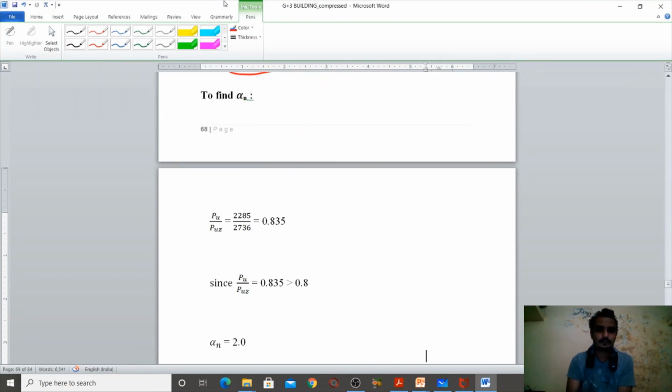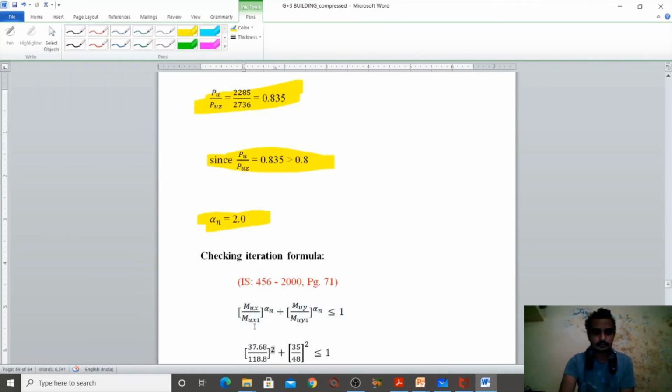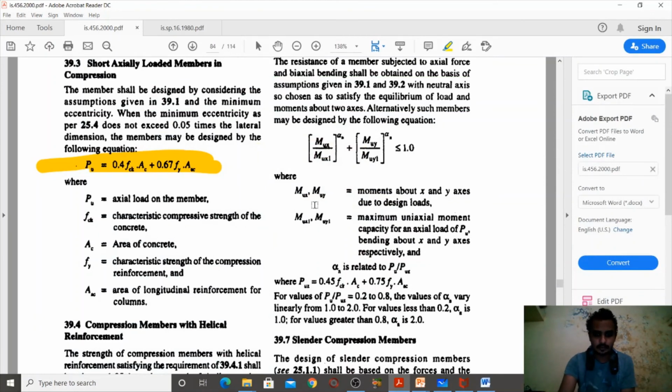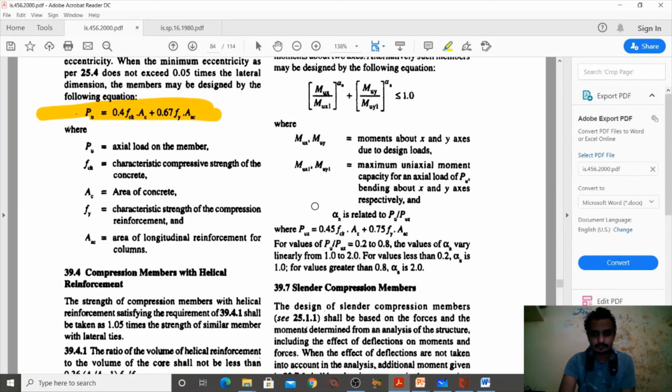Now we have to find alpha n. PU upon PUZ is 0.8, so alpha n is 2. How does this happen?